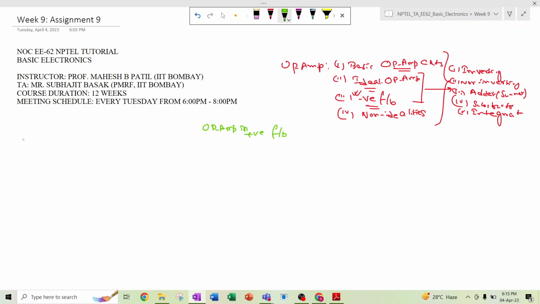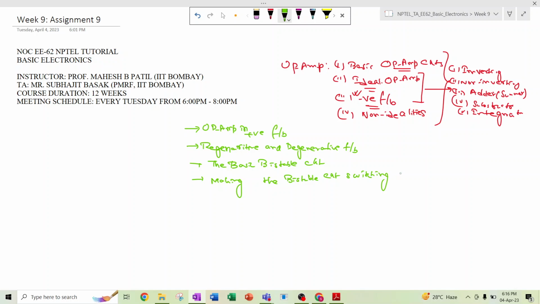I will discuss something about regenerative and degenerative feedback, and then the basic bistable circuit, and then how the bistable circuit, by using an external input, can switch its own state.